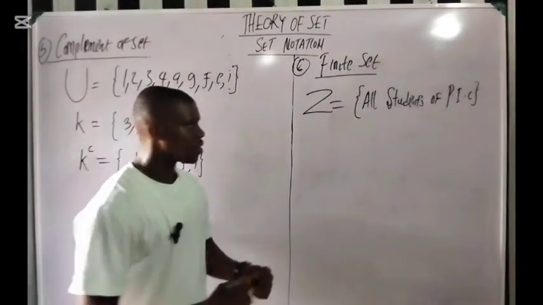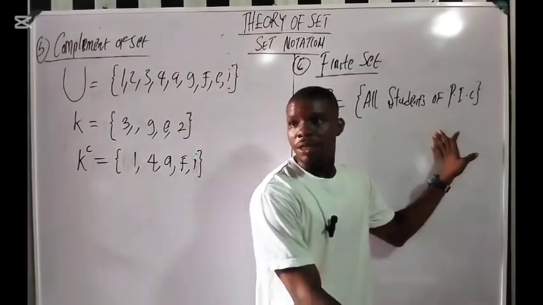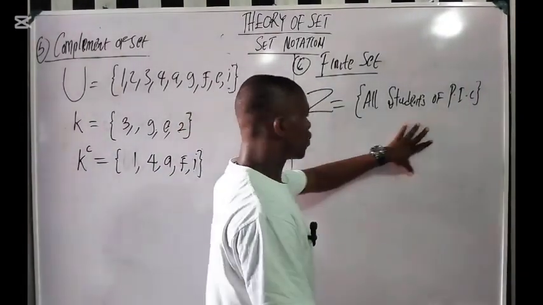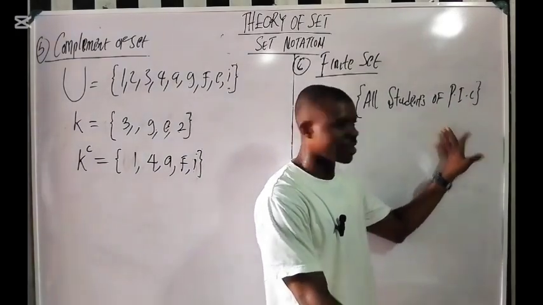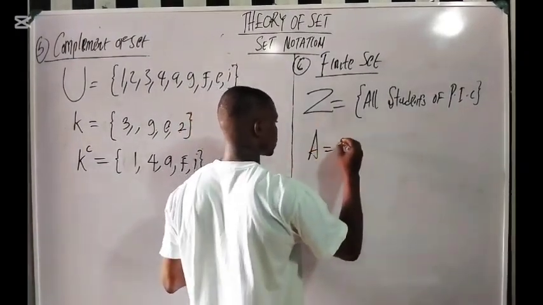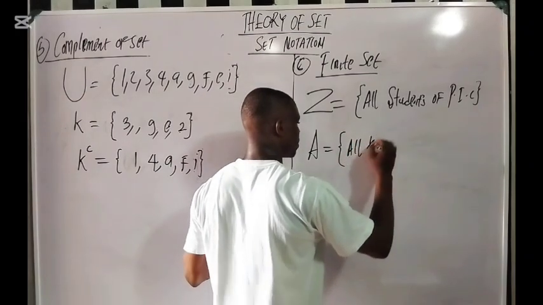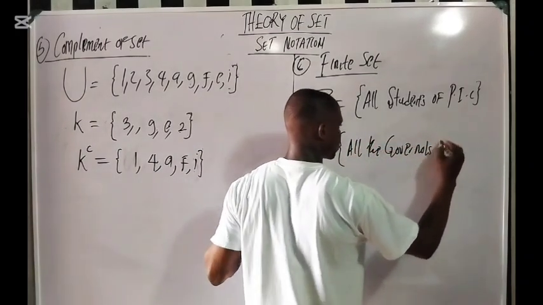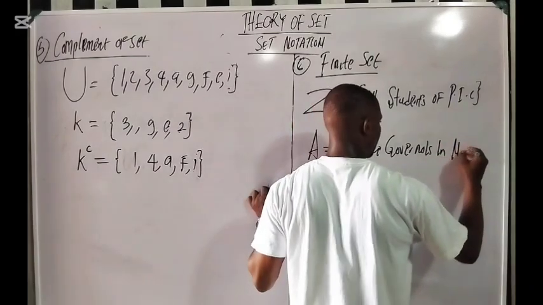It's called a countable set. All students of PIC is called a countable set. Now, let us say here we have A, all the governors in Nigeria.